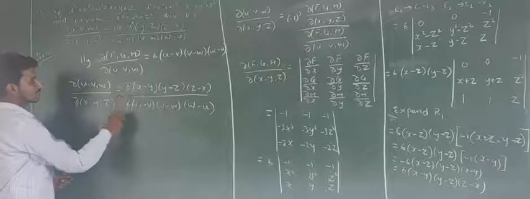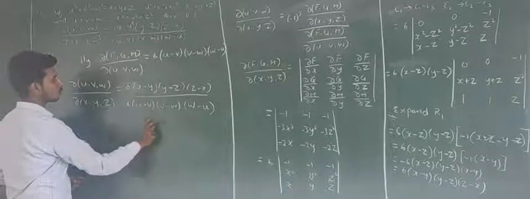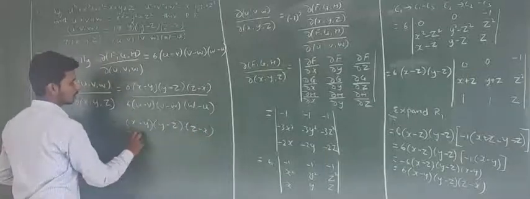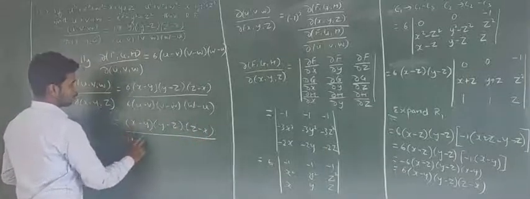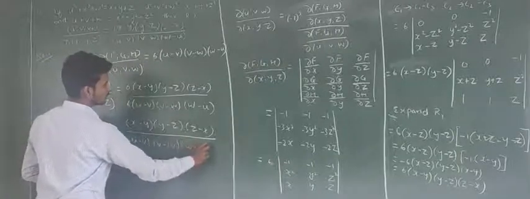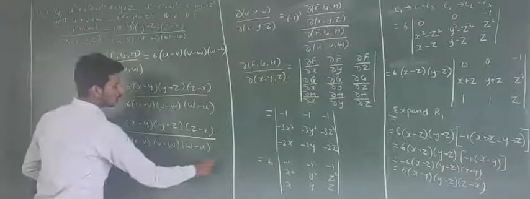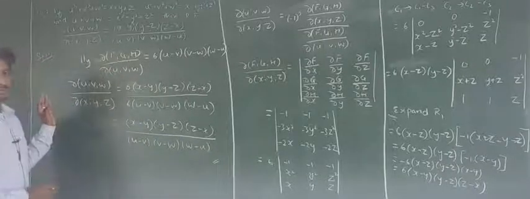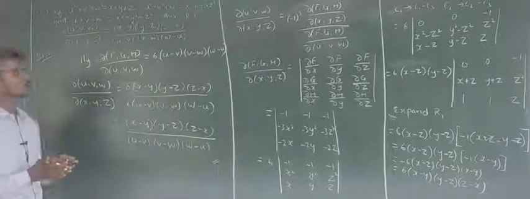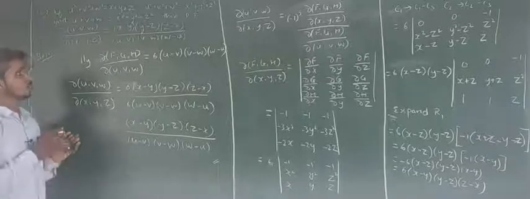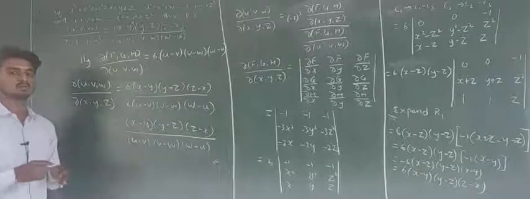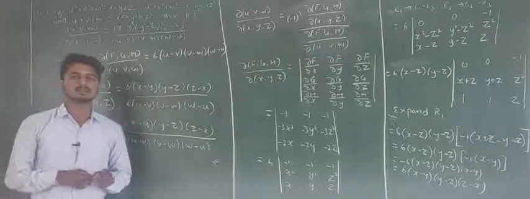Here the 6 gets cancelled, so the remaining is x minus y, y minus z and z minus x whole divided by u minus v, v minus w and w minus u. This is LHS equal to RHS.